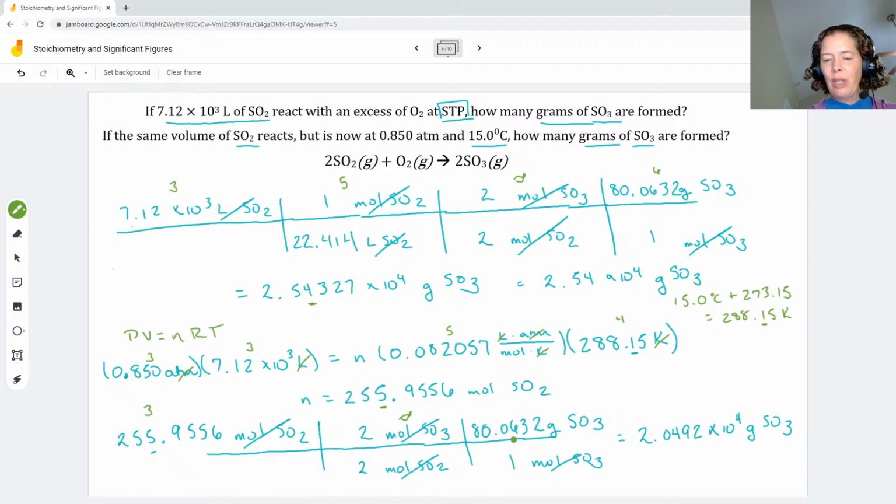And 1, 2, 3, 4, 5, 6. So I'm limited to 3 sig figs in my answer, which means I am rounding right there. So my final answer with the correct number of sig figs is 5 times 10 to the 4th grams of sulfur trioxide.